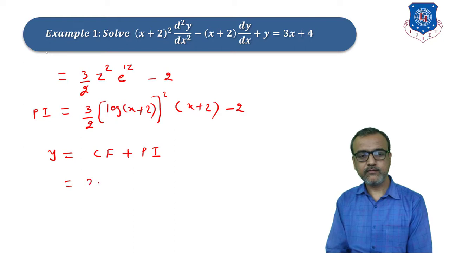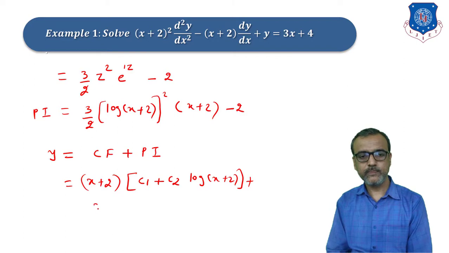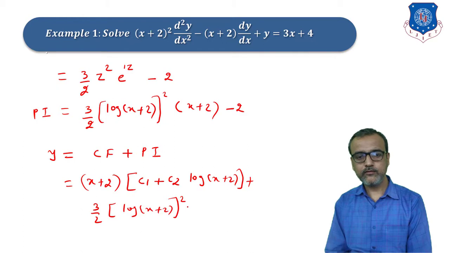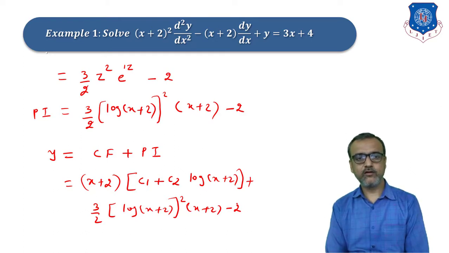CF is x plus 2 into bracket C1 plus C2 logarithm of x plus 2, plus PI is this one, that is 3 by 2 logarithm of x plus 2 the whole square, x plus 2, minus 2. So this is the required general solution of the given differential equation.